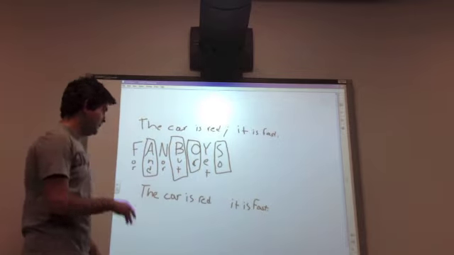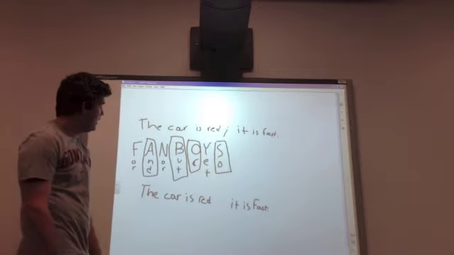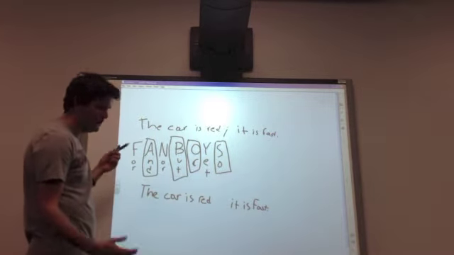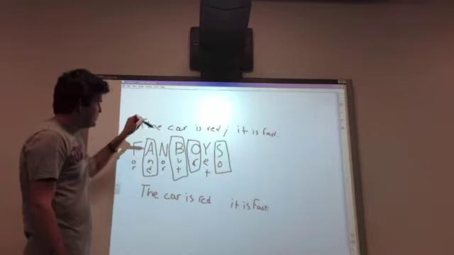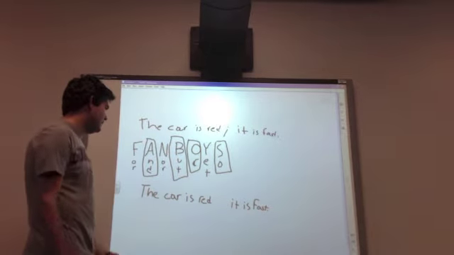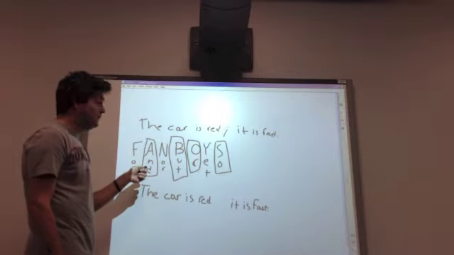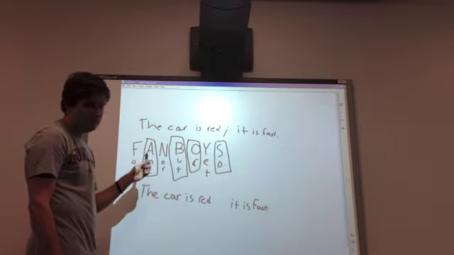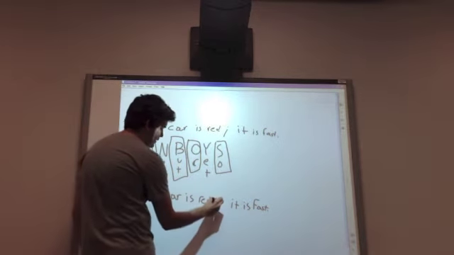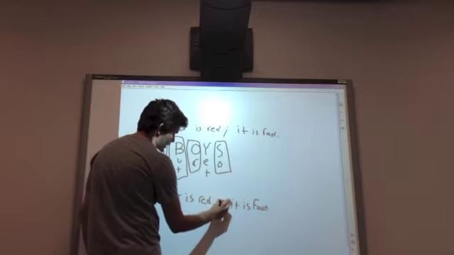Okay, so the car is red, it is fast. And then you have to decide which coordinating conjunction would fit best. And obviously in this case, it would be the one you'll use most often. So then it's comma and.